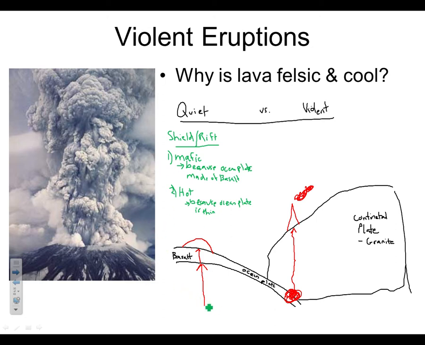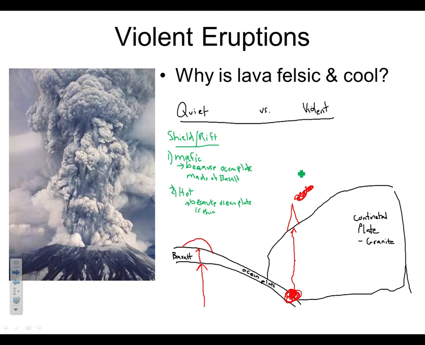We have the lava coming up from the mantle plume, the hotspot. It goes through a thin ocean plate, so it's going to be really hot, maybe 3,000 degrees. And it's not going to pick up any silicates because the ocean plates are made of basalt. They don't have any quartz. They don't have any feldspars. So the lava is going to be very mafic, and it's going to be very hot, and that's going to lead to either a shield volcano or a rift volcano, so it's going to be a quiet eruption.